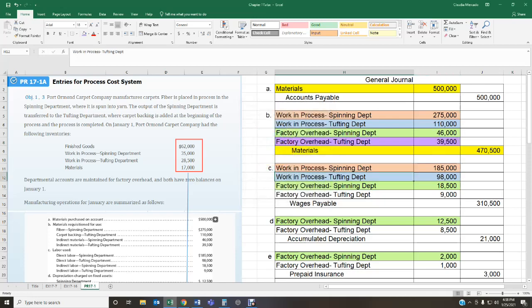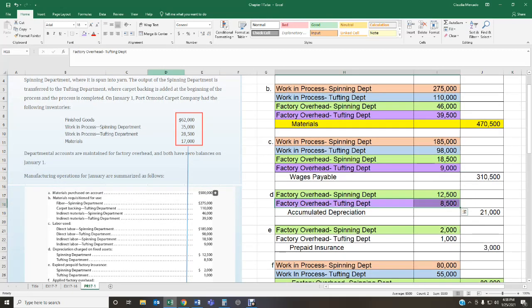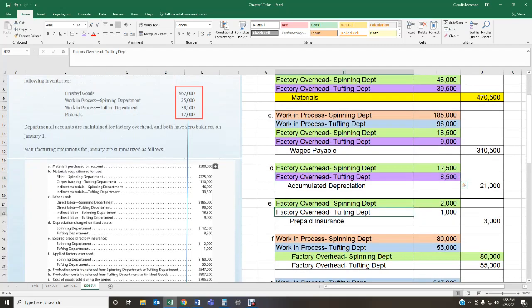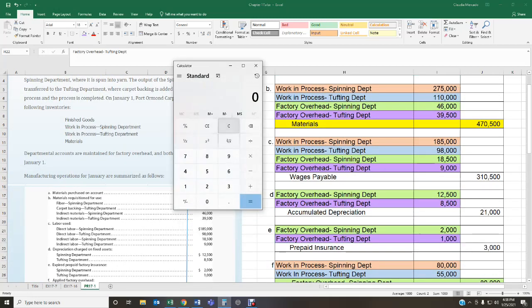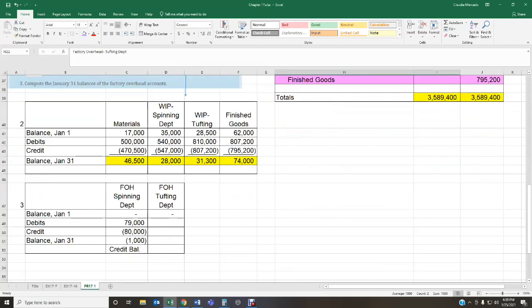Factory overhead tufting debit, factory overhead tufting debit, factory overhead tufting debit, and then we've got another one, factory overhead tufting debit. Okay, so we've got 4 debits, which are your purples right now. So we've got 39,500 plus 9,000 plus 8,500 plus 1,000. So we're looking at the purple numbers. That gives me 58,000 in debits. Okay, so I've got 58,000.